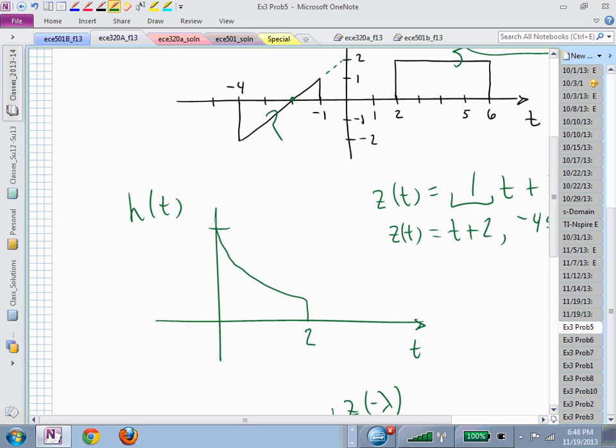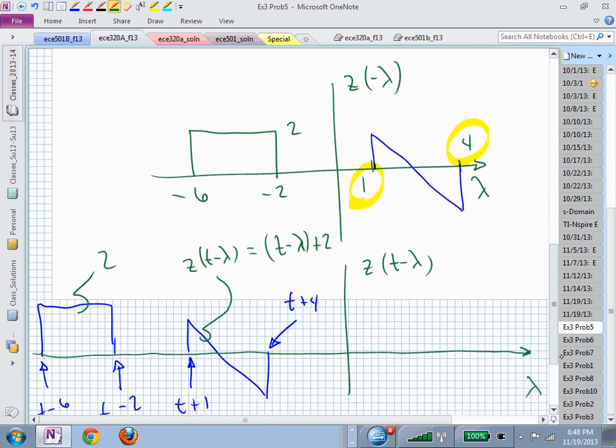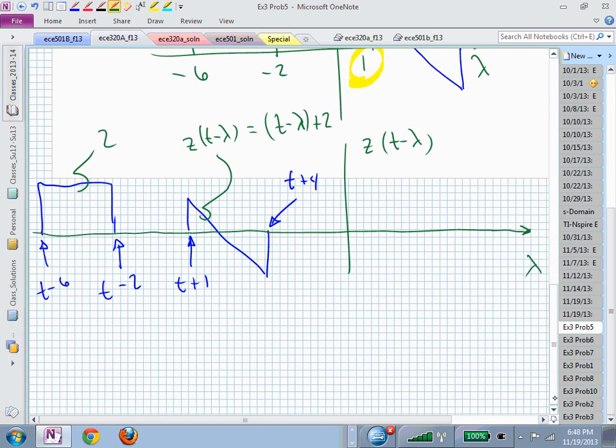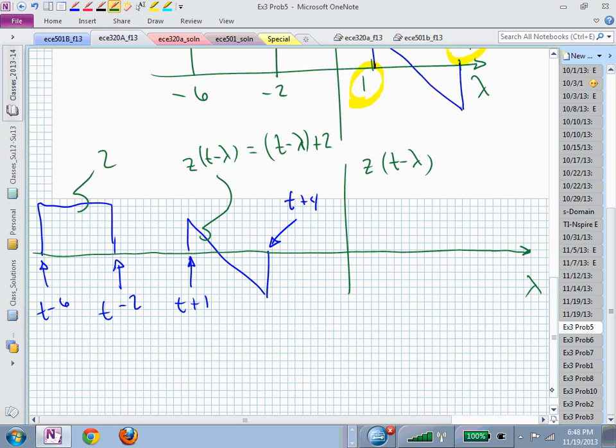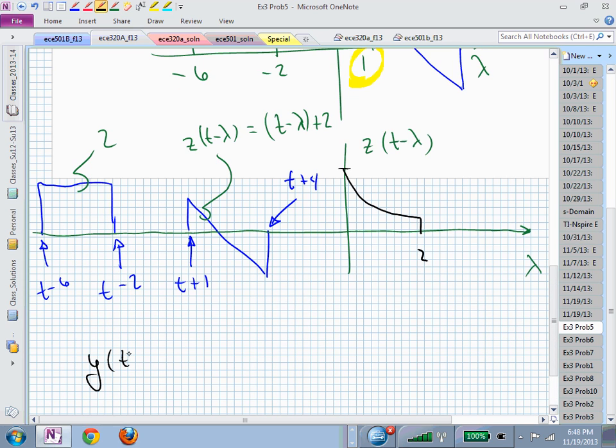And now I could, if I wanted to, slide this through, and when is going to be the first time? So now if I put this together with my impulse, y of t is going to be 0 for what values of time t?